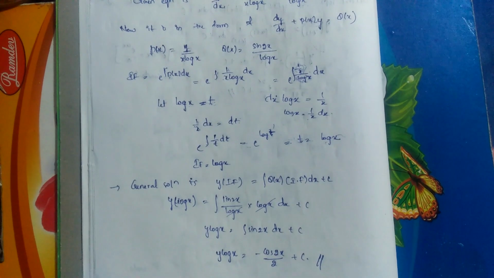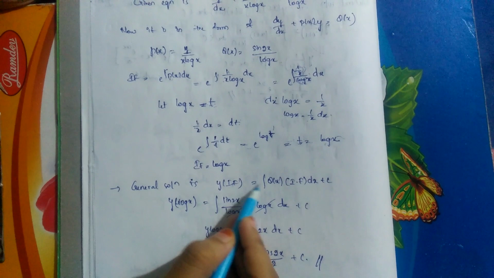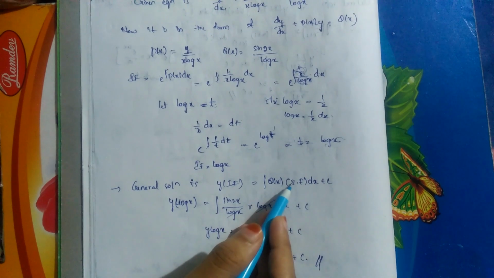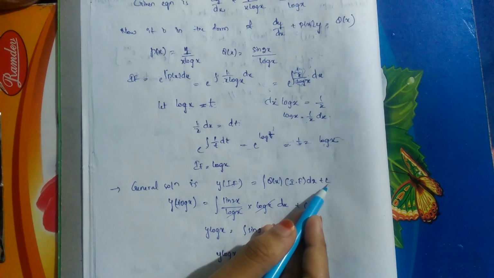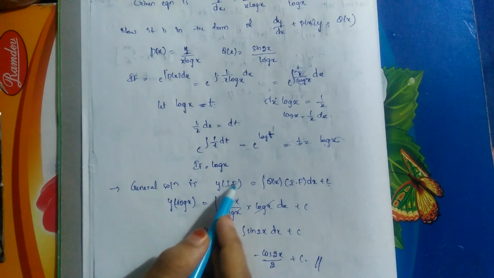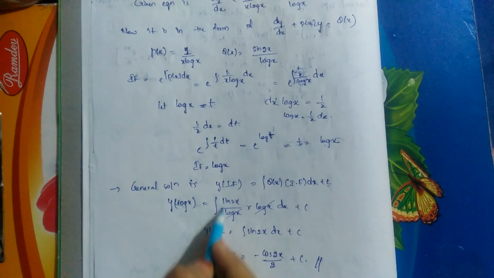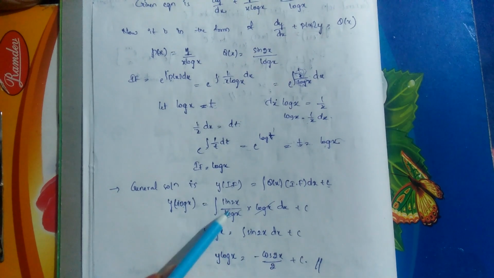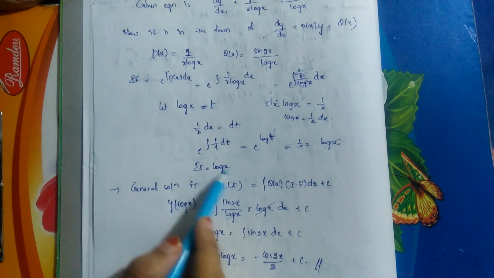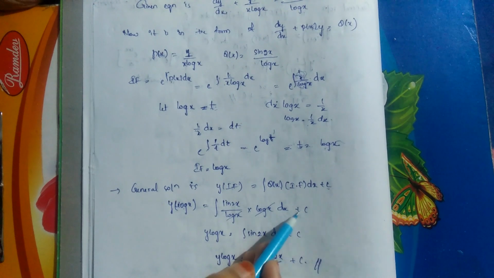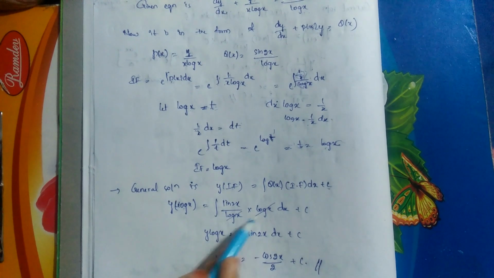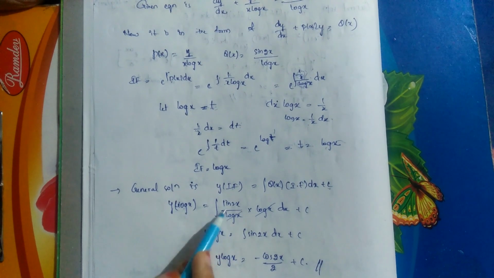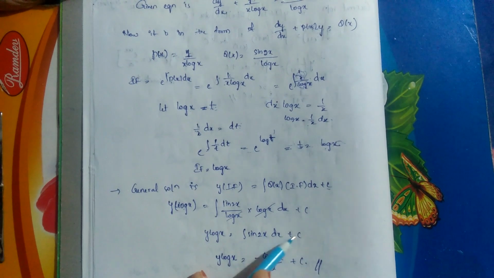The general solution is y into integrating factor is equals to integration of q of x into integrating factor dx plus c. So y into log x is equals to integration of sin 2x by log x into log x dx plus c. So log x will be cancelled here, then you get y log x is equals to integration of sin 2x dx plus c.